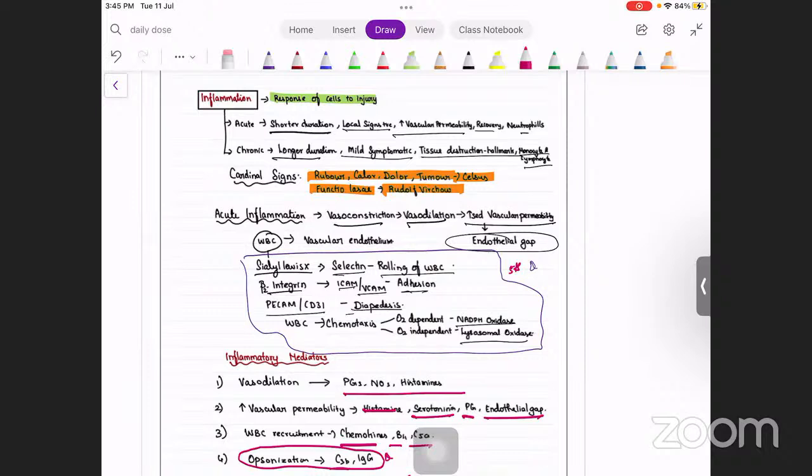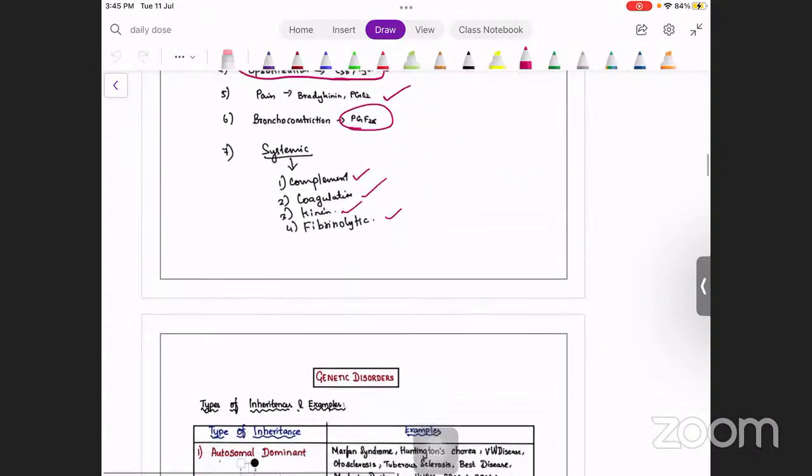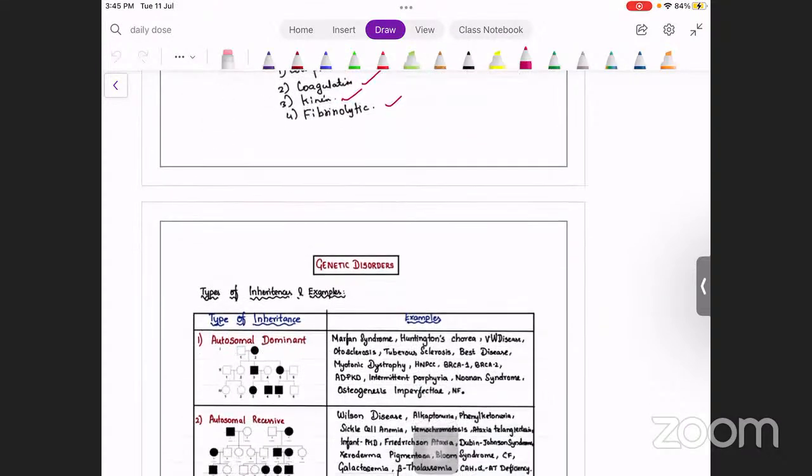Opsonization is done by C3b and IgG, while C5a for WBC recruitment. Vascular permeability: prostaglandin, serotonin and histamine. Vasodilation: prostaglandin, nitric oxide, and histamine. So, quite a very important one.